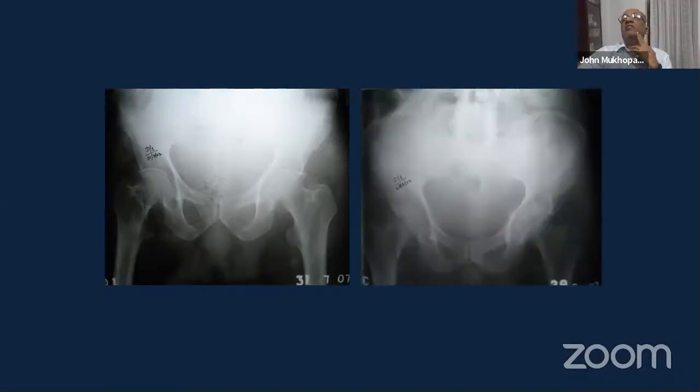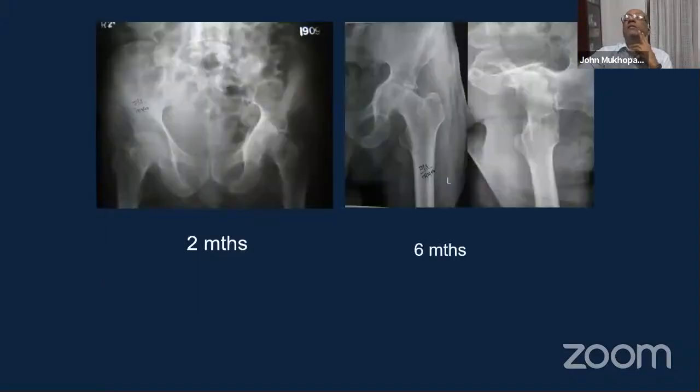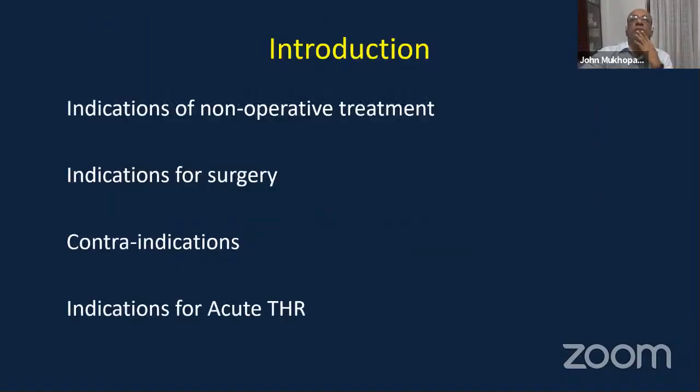These were his X-rays 3 weeks later. This is him 2 months later. And by 6 months, this was the condition of his hip. This could have been a simple fracture to treat if it had been diagnosed earlier, but it ended up in an end-stage arthritis situation where a total hip replacement was the only option.